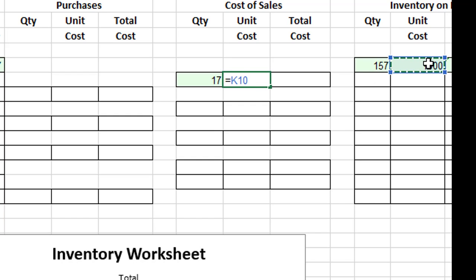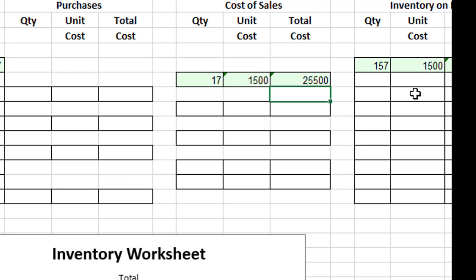The total cost is the quantity sold, F11, times the unit cost, G11. Equals F11 times G11.